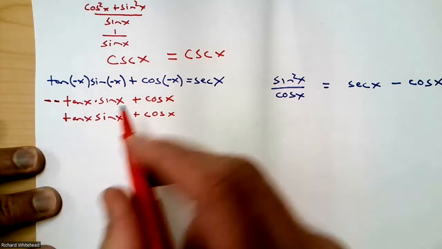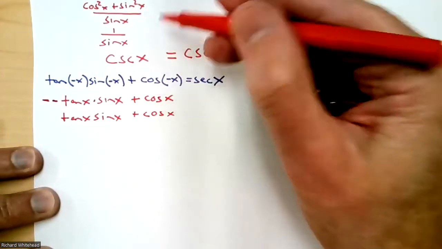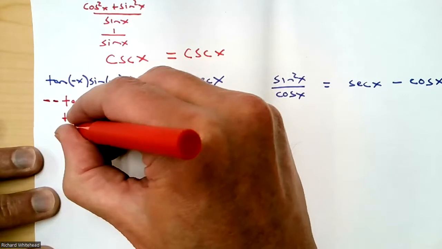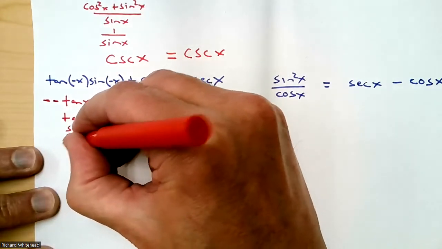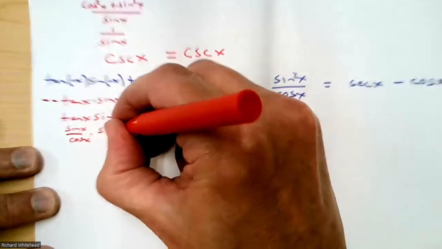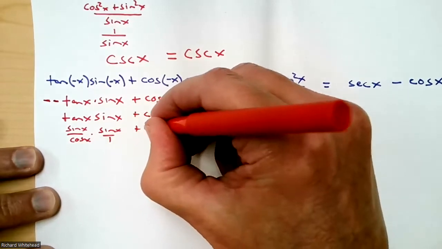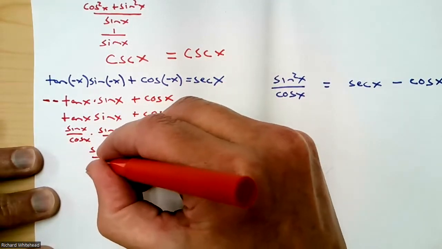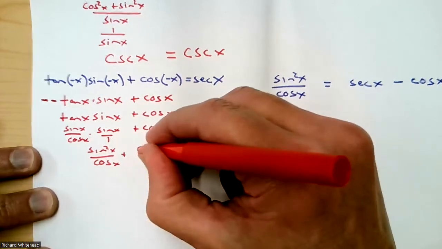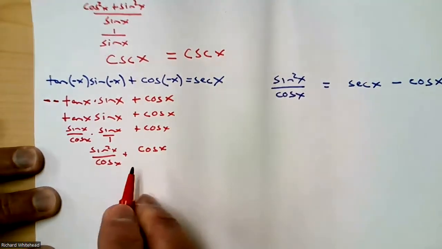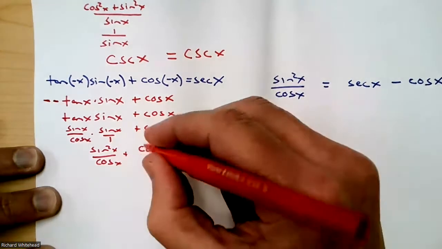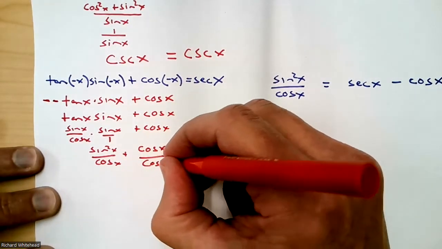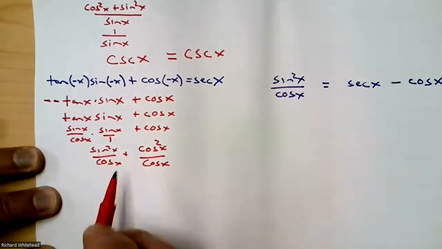All right, we've seen this. This problem is just the reverse of the previous problem. See, that's going to be sine over cosine times sine over 1 plus cosine. So we get sine square over cosine plus cosine. And you're going to say, wow, if I made a common denominator of cosine, then that would have to become cosine square.